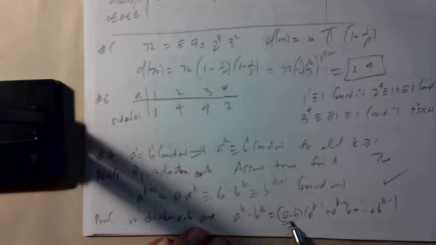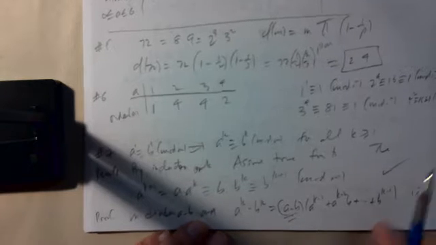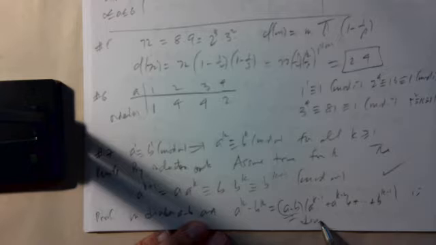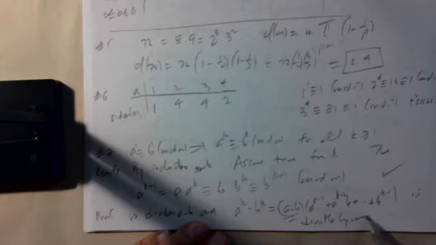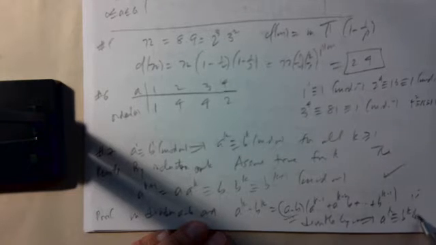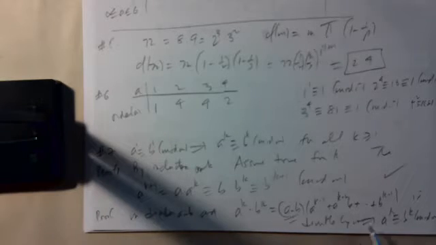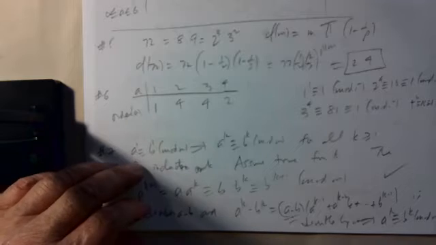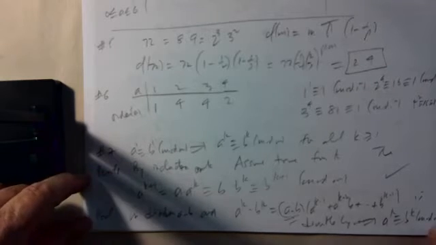A minus B is divisible by M. So this is all divisible by M. That means A to the K is congruent to B to the K mod M. So this is a second alternative proof, if you like. Questions about this? Any of these?